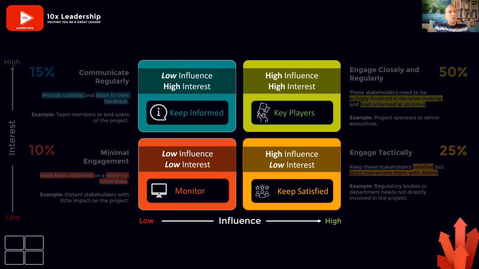So the thing to say about this as well is you can't just do it once. You need to regularly review where your stakeholders sit, because they might move about. Depending on the project, depending on their status and their activity, they might become interested, they might become influential, they might even become key players in it, especially if, I'm thinking about IT systems again, but there are lots of different types.